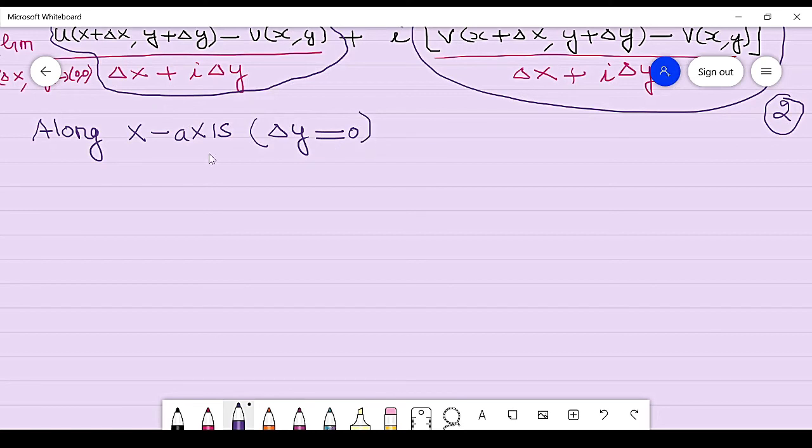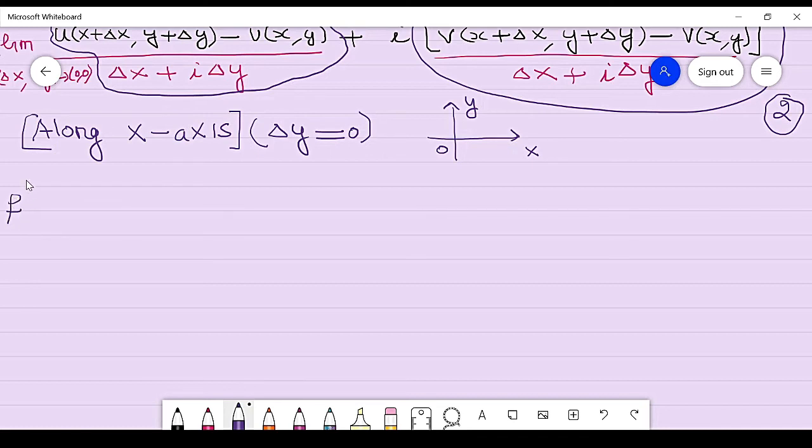This is a two-dimensional space with origin, x and y. When I take the x-axis, y is 0, and when I take the y-axis, x is 0. So along this path delta y is equal to 0. First I take the derivative along the x-axis. Now what is its value?